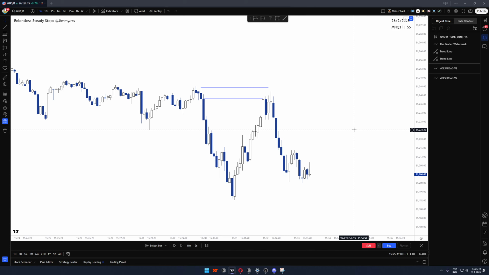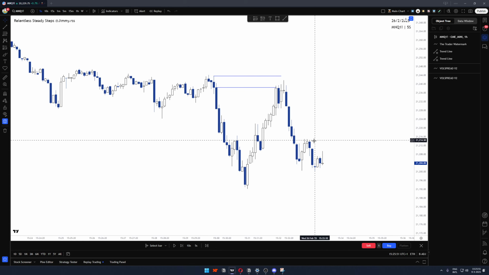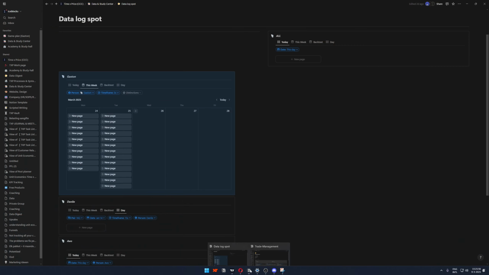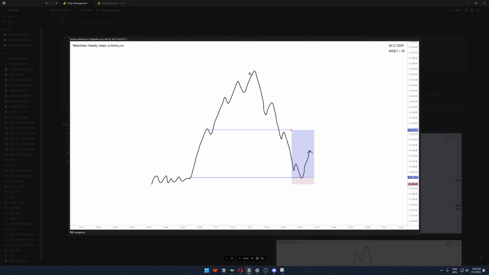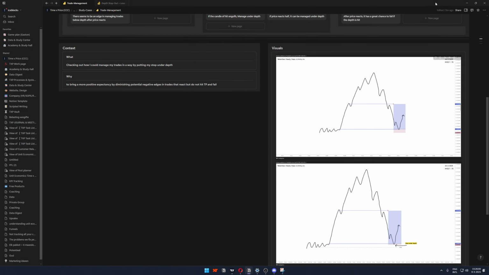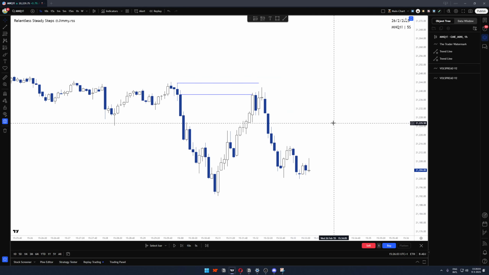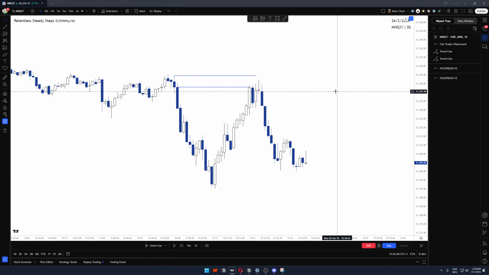So in this example we had the first entry right here that looks exactly like the trade management study case, the swing right here, but then to the downside as it's a short position. So what I'll do with this, I'll simply use the Ctrl Shift S function of TradingView to make a screenshot of it.